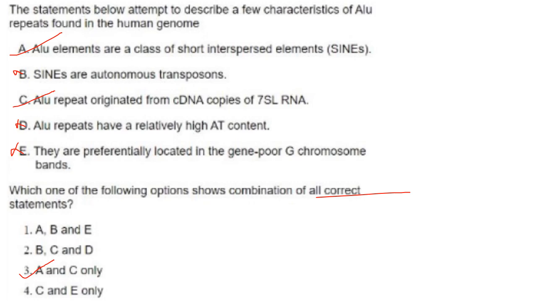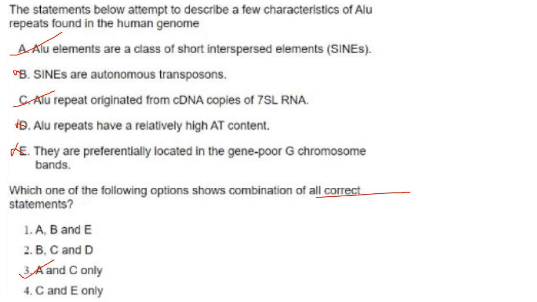They are preferentially located in the gene poor G chromosome bands. Now, heterochromatin regions tend to be AT rich, you all know that, and gene poor also. Heterochromatic regions stain darkly in G banding, whereas GC rich regions incorporate less Giemsa stain.